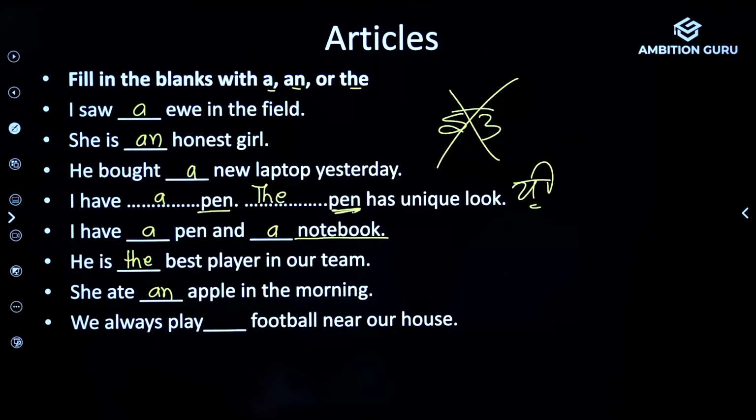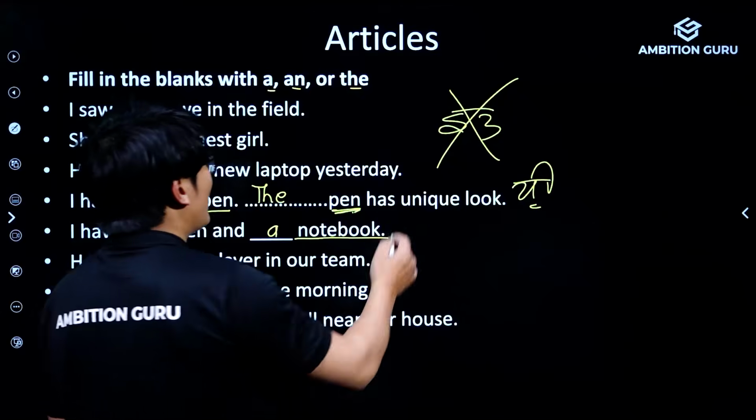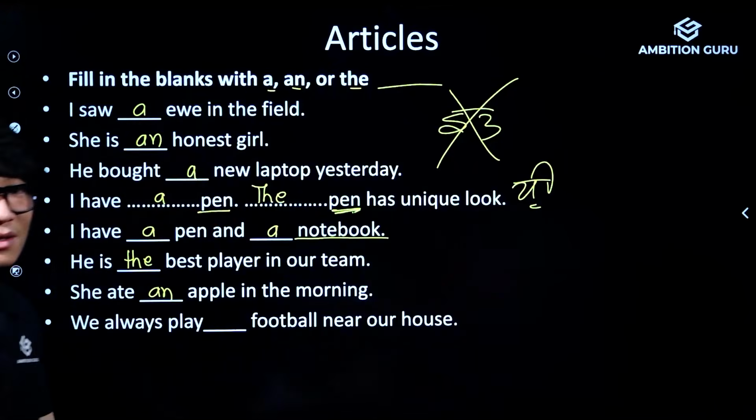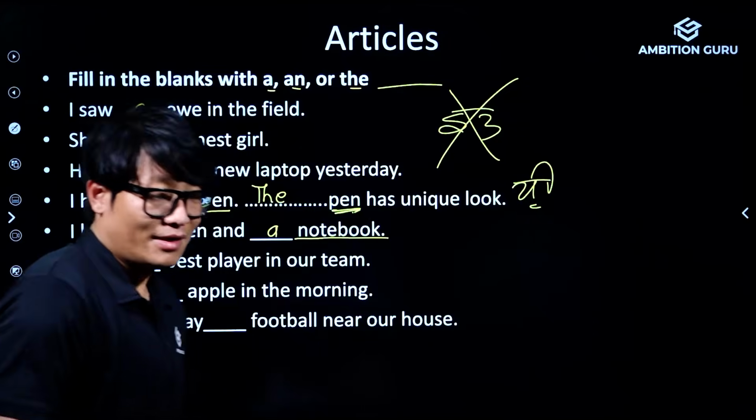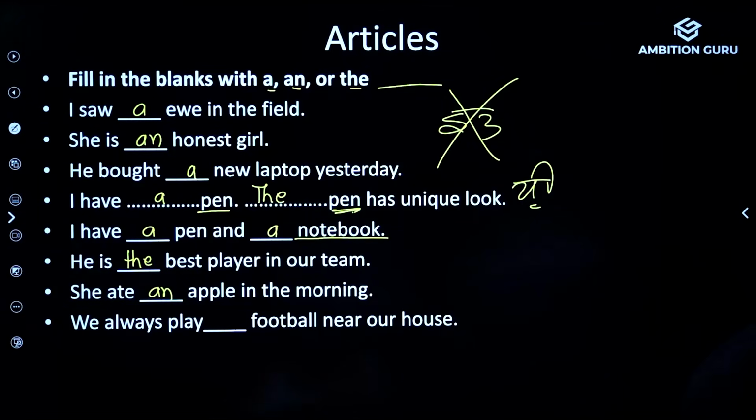We always play football near our house. Oh, I forgot to give you another option here. So what should be there? Football is a sport. Does a sport or a game take an article or not?